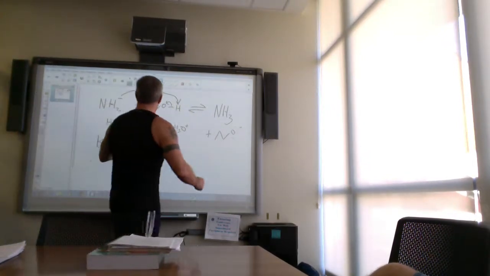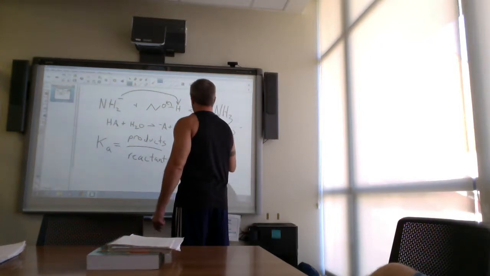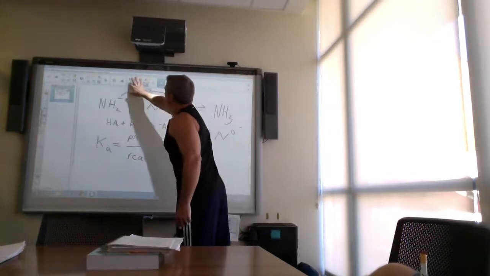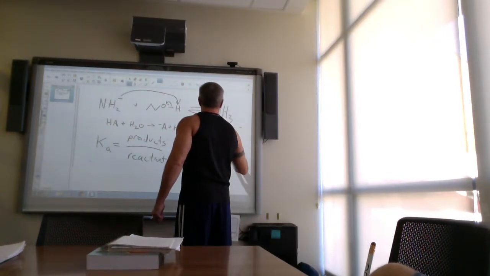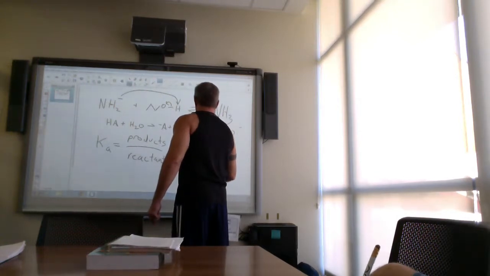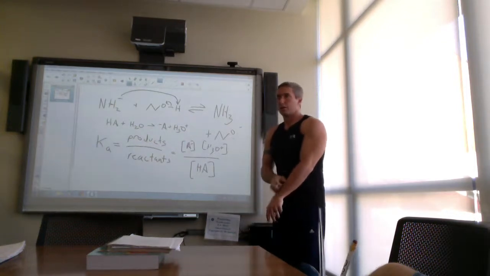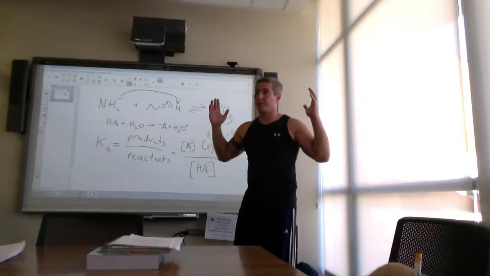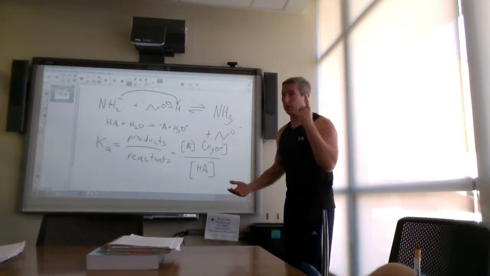Which means this simplifies to A negative and H3O plus over HA, because we don't include water. It's a pure liquid. Its concentration is 1. So it's useless to have it in there. Divide by 1, big deal, who cares?